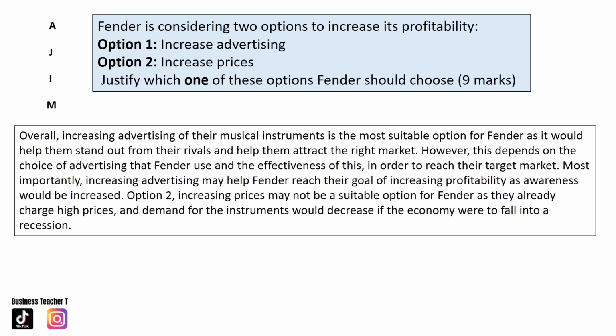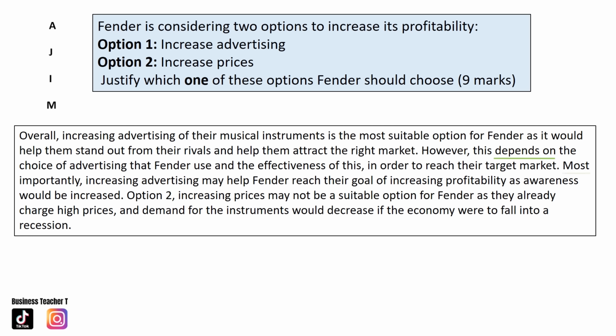Overall, increasing advertising of their musical instruments is the most suitable option for Fender, as it would help them stand out from their rivals and help them attract the right market. However, this depends on the choice of advertising that Fender use and the effectiveness of this in order to reach their target market.